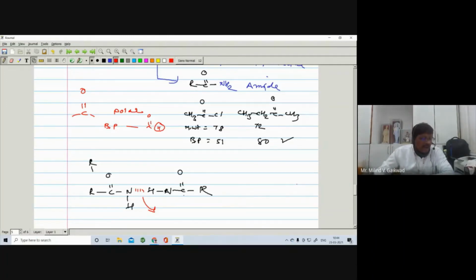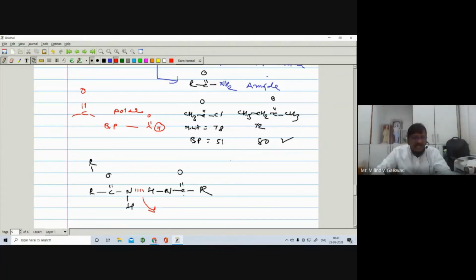About the odor, acid chlorides have a pungent smell, amides have an irritating odor, whereas esters have a pleasant odor, and generally esters are useful in the preparation of perfumes and cosmetics. So these are in general the physical properties of the acid derivatives.